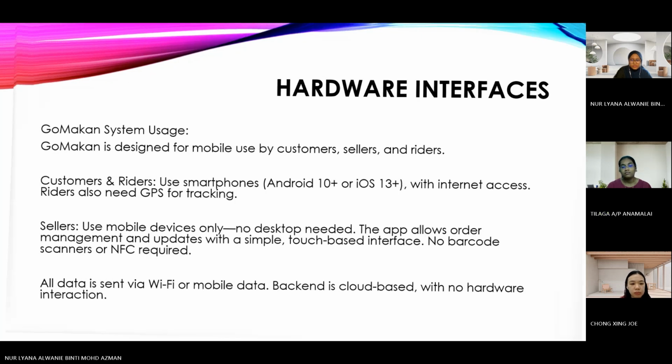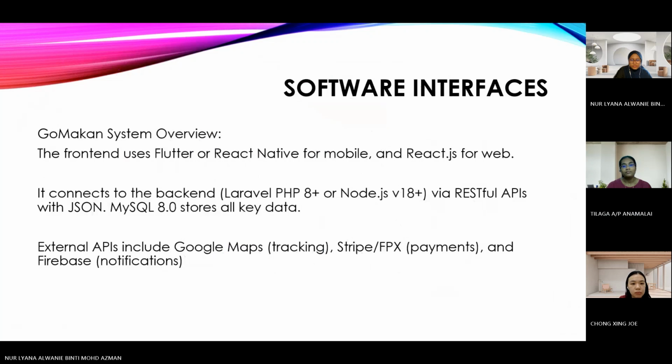Next. For the software interfaces, the GoMakan front end uses Flutter or React Native for mobile and React JS for web. It also connects to the backend, such as Laravel PHP 8 Plus or Node.js v18 Plus, via RESTful APIs with JSON.